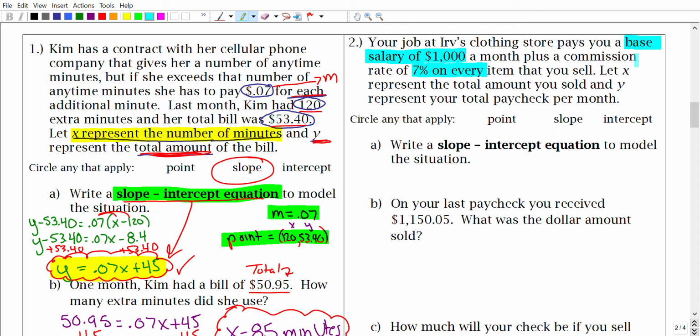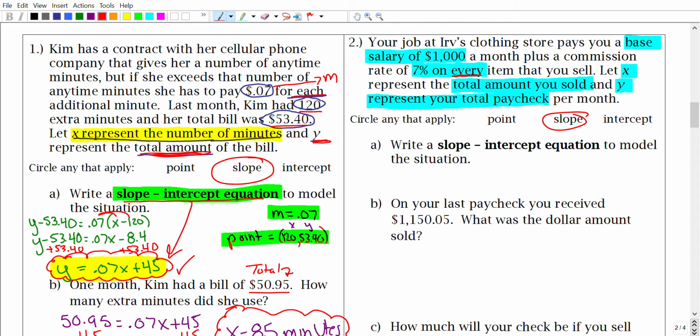Okay, let X represent the total amount you sold, and Y represent the total paycheck amount. Okay, let's go ahead and identify what we have here. Well, right away here, every, we know, represents our slope. So that 7%, okay, is our slope.